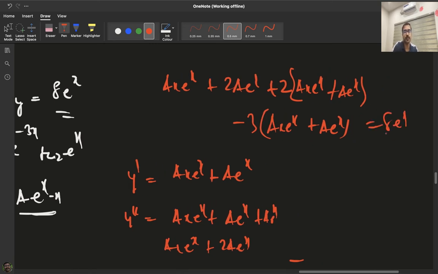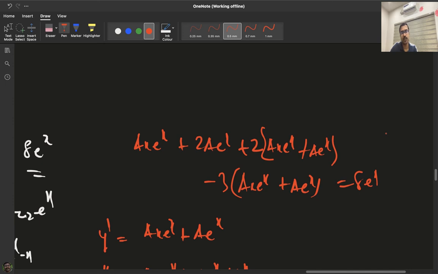Now we'll compare the coefficients. What are the terms coming with a x e raised to x? There is a, plus 2a, minus 3a.